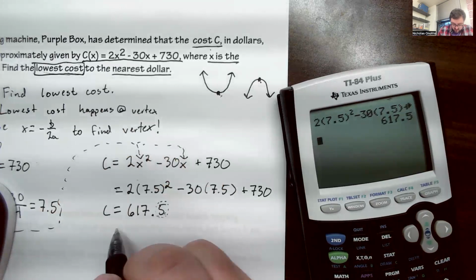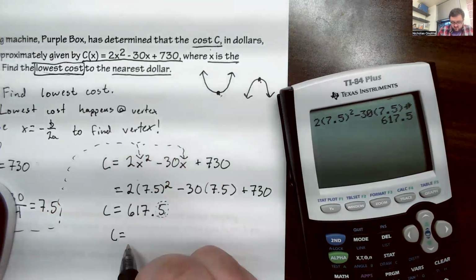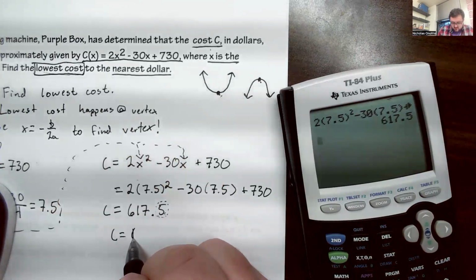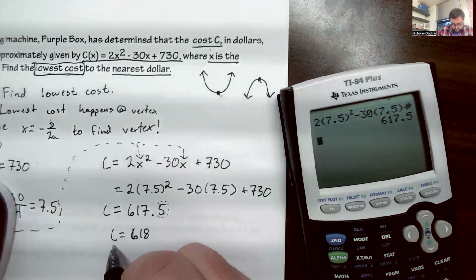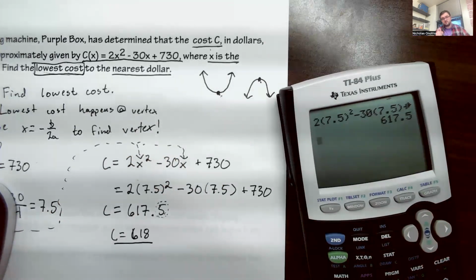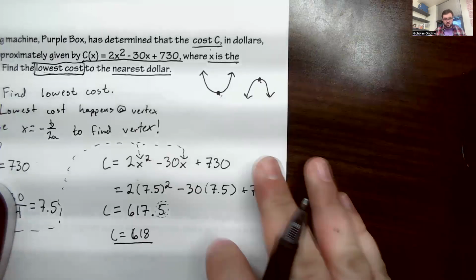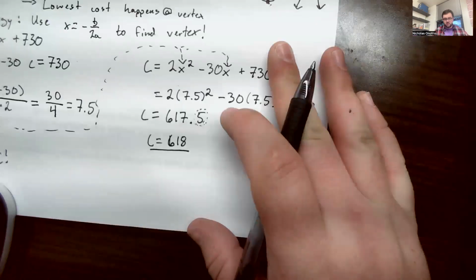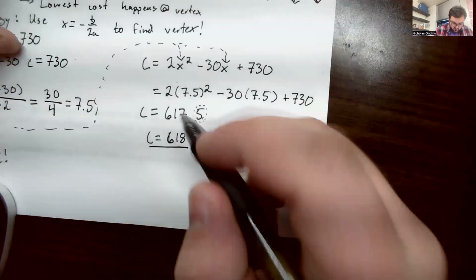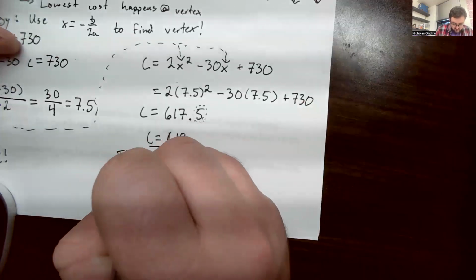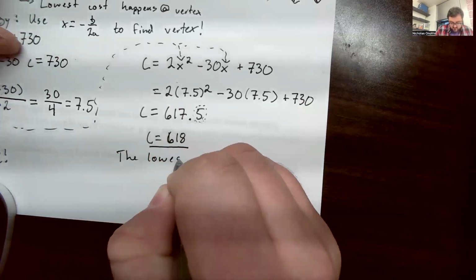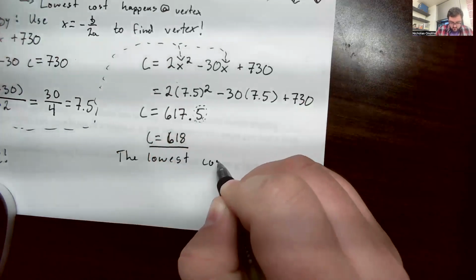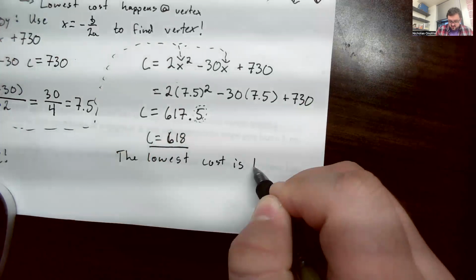Our number is 5, so we are going to round 617 to 618. Now that we know our C, all that's left is to make sure we write a sentence. We can say the lowest cost is $618.